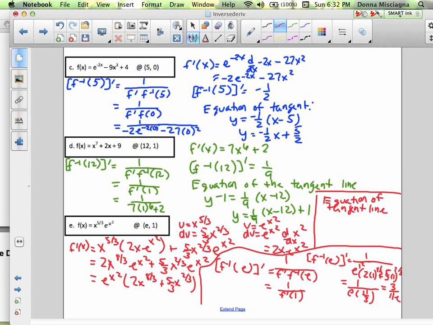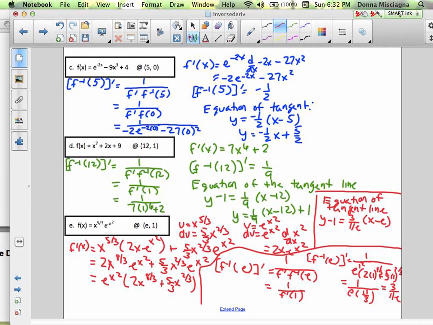So we have y minus 1 equals 3 over 11e times x minus e.